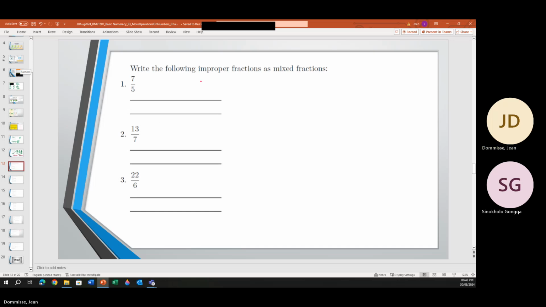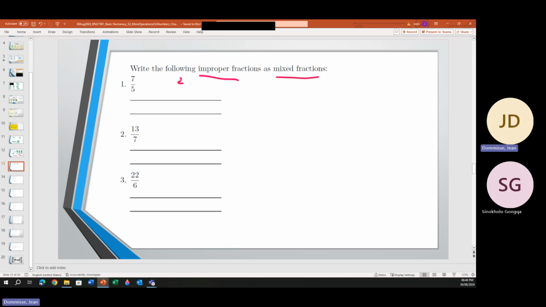Okay, improper as a mixed fraction. A mixed fraction means that it is a whole number plus a proper fraction. So how I look at it is to say 7 minus 5 is 2.